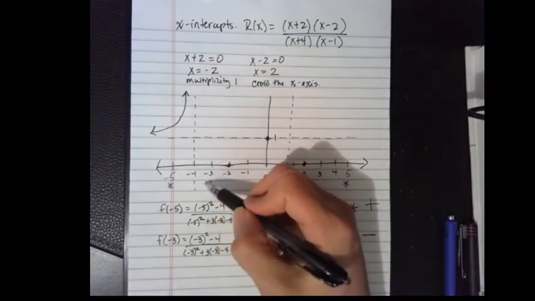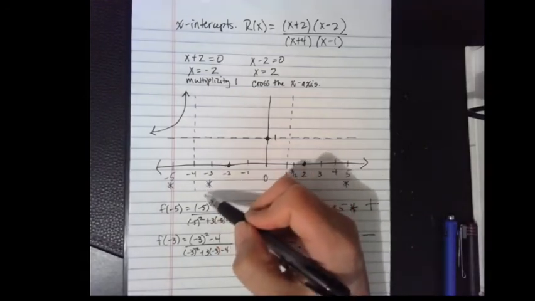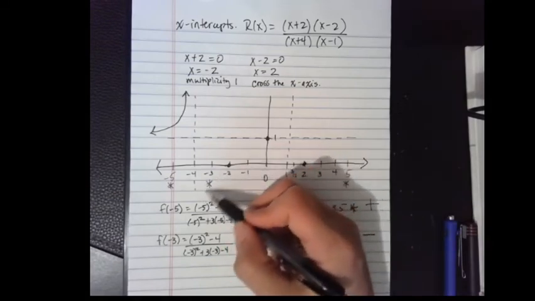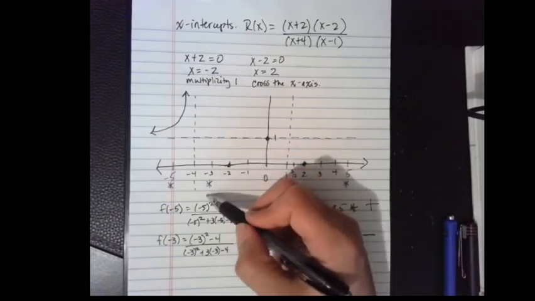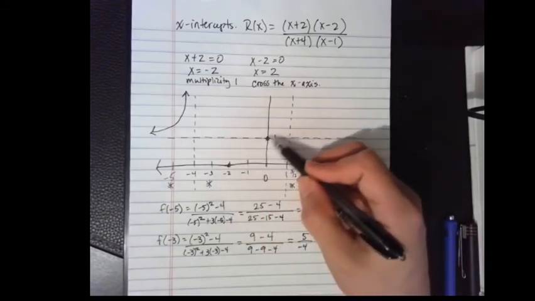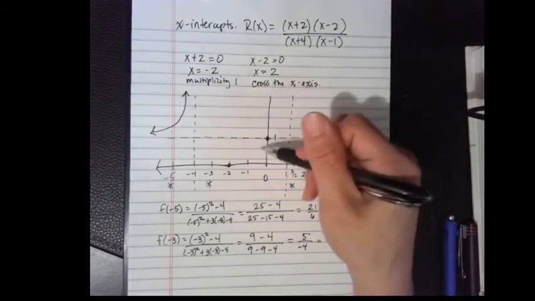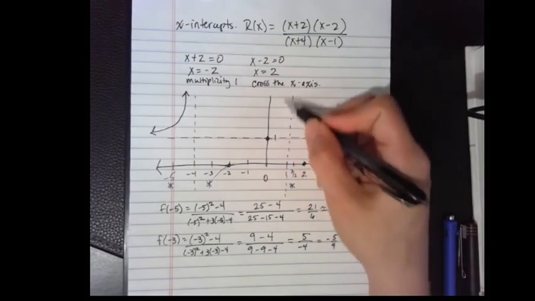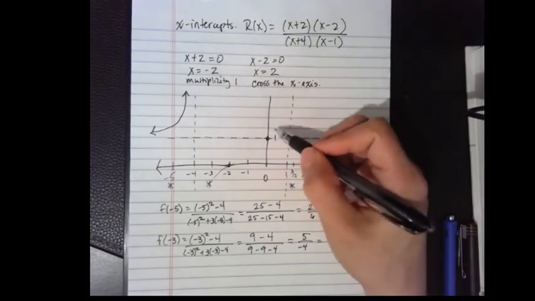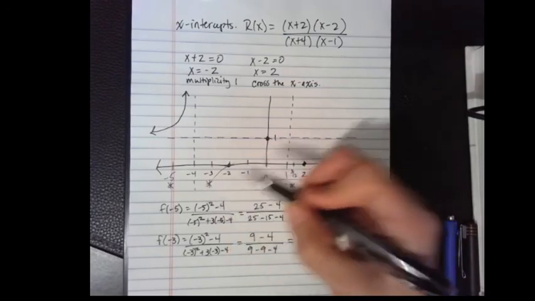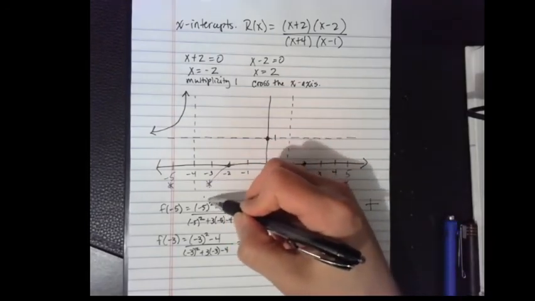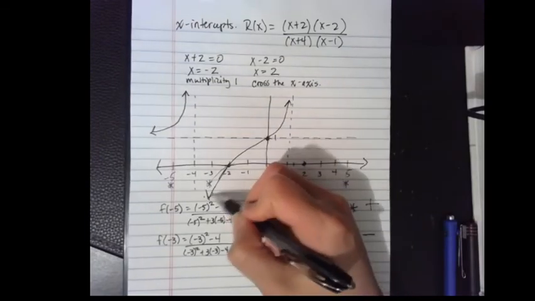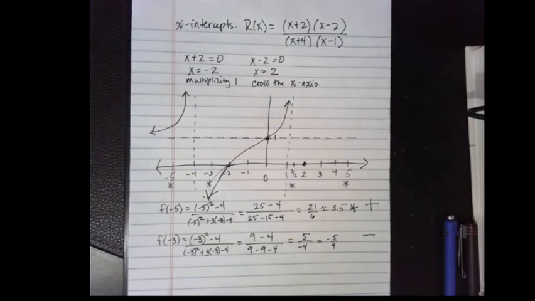That means here at negative 3, I'm below my x-axis. Okay, so I'm traveling down here. I know I'm going to cross this x-intercept, right here. So if I'm crossing here, I'm going to end up going to positive infinity along the second vertical asymptote. So I'm doing something like this.